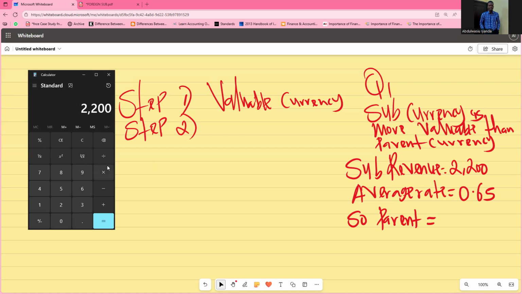So if you first say, okay, without cramming anything, multiply by 0.65, then I'm having 1,140. Then it means something is wrong, because by the time I move the subsidiary currency back to the parent, it should be higher, since the subsidiary currency is more valuable than the parent. So I need to change my way from multiplication to division.